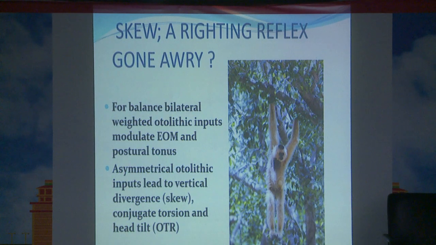You'll find a monkey hitting a tiger also, if you have seen some videos, and going from one tree to another. So for this you require very good visual acuity, very good cerebellum, very good proprioception and coordination. So once this balance is gone, if this input is asymmetrical, then you will have a skew.